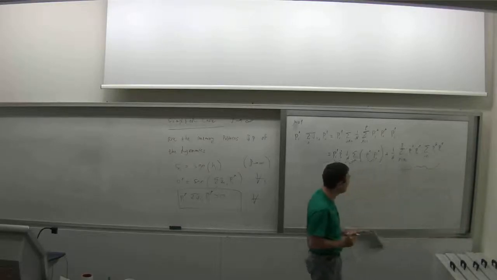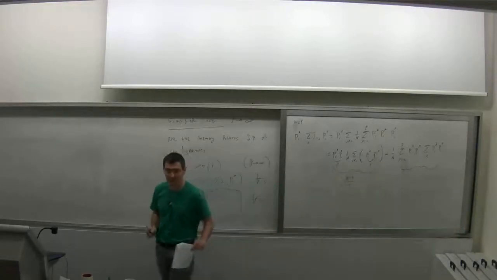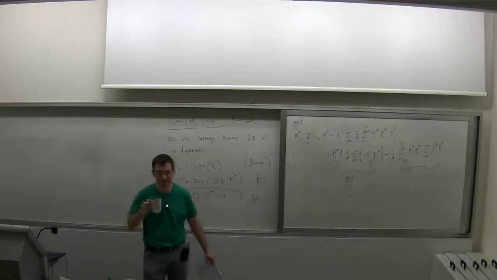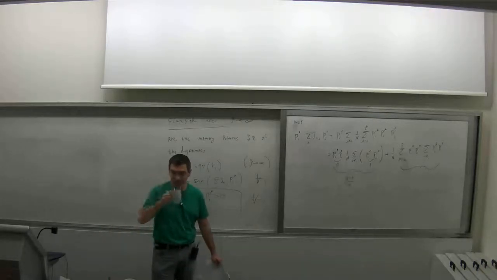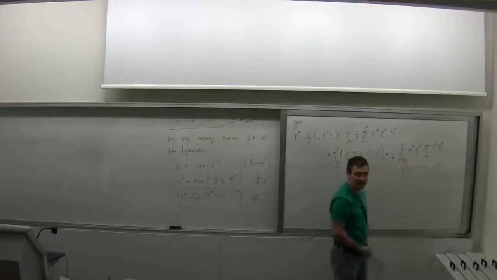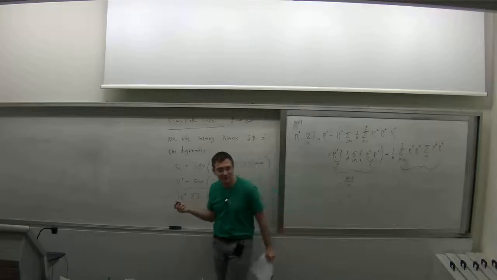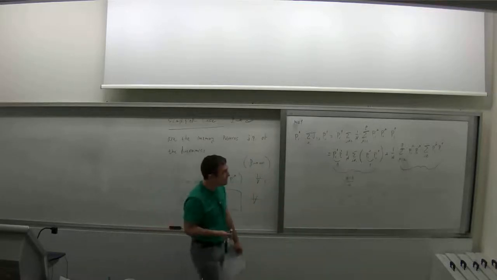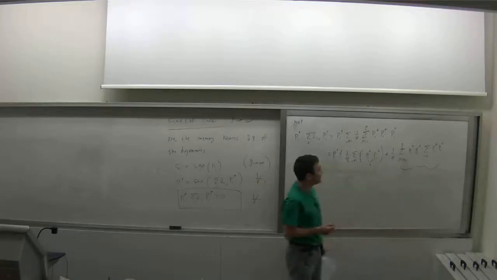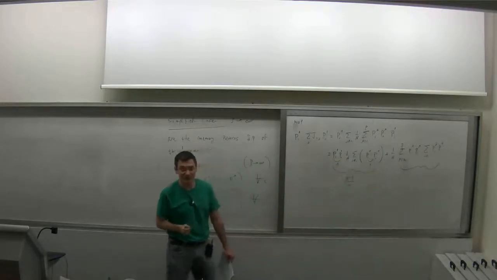Why is it with probability half? Well, all these elements are plus or minus 1 with probability half. So the product will be plus or minus 1 with probability half. And note that all these elements are independent from each other.